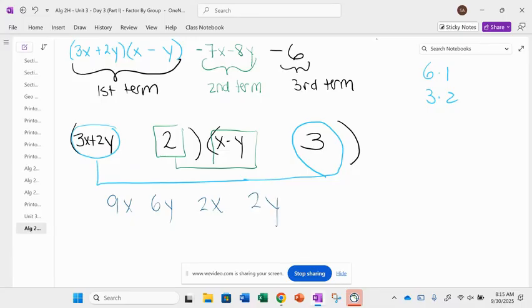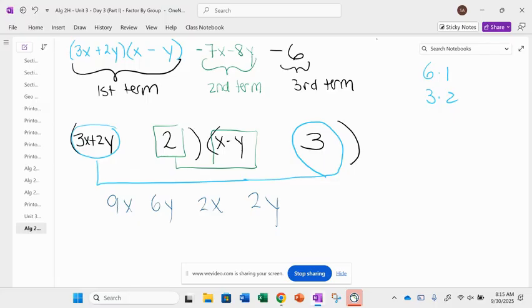I didn't put any signs because we still have to figure out the signs. But is there a combination of 9x and 2x that could give us a negative 7x? Yeah. Is there a combination of 6y and 2y that could get us a negative 8y? Yes. So now we have to figure out which one's going to be positive, which one's going to be negative.